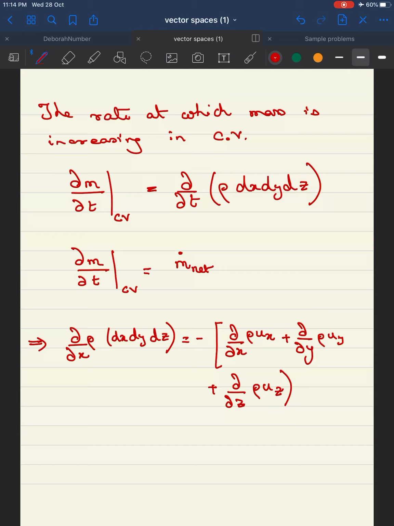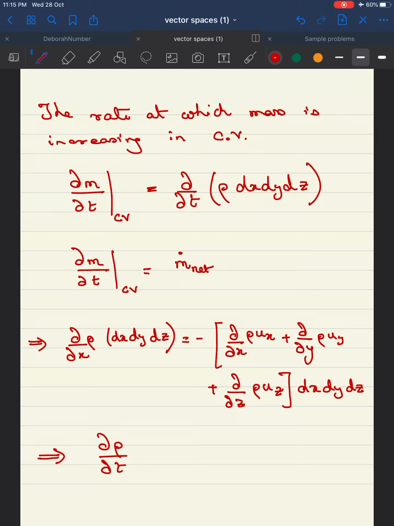Sorry, this is not the right bracket. The right bracket is this, into of course again dx dy dz as we had gotten, right? So rearranging these terms, it's rather straightforward to see that the equation is del rho by del t.